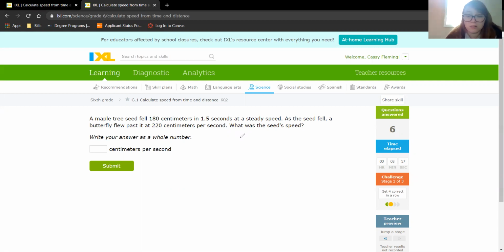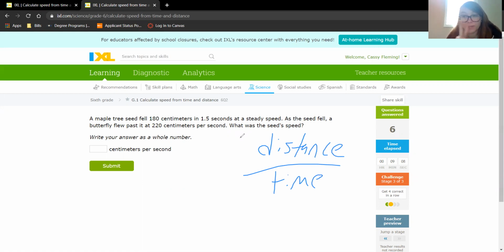So again, speed is distance divided by time. These third level problems are just more complex word problems, so they throw in information that you don't necessarily need to make sure that you understand what information you need to solve the problem.